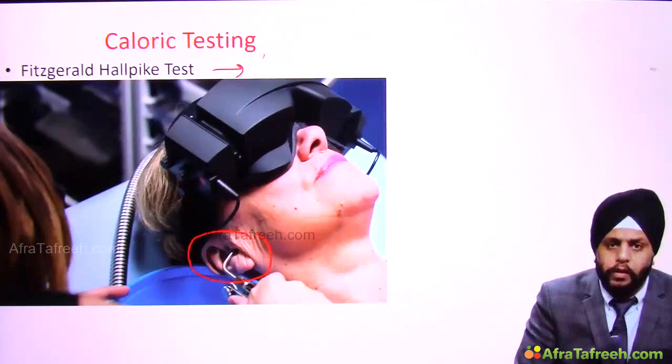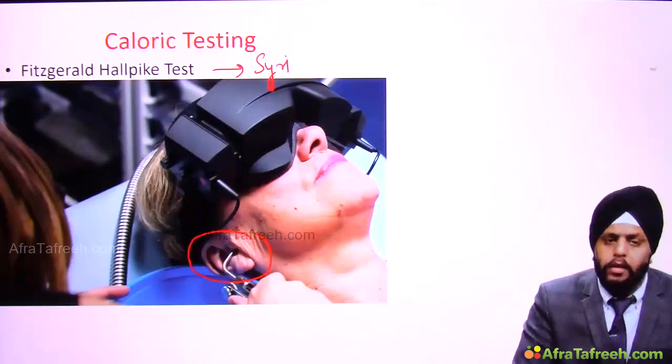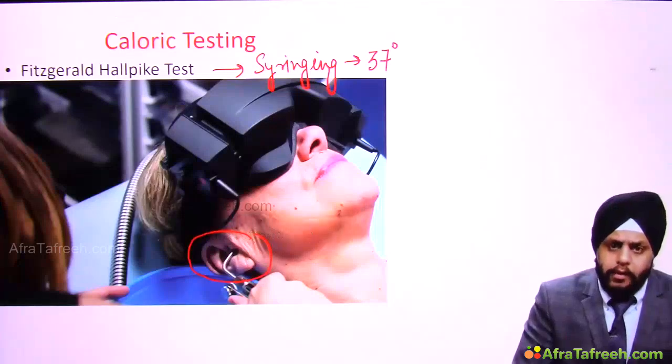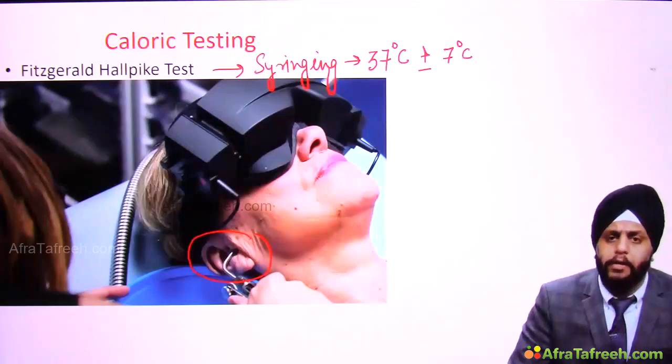We do syringing. In the Fitzgerald-Hallpike test, we do syringing with 37. Remember, 37 degrees Celsius is the core body temperature. So now we do syringing with plus or minus 7 degrees Celsius.